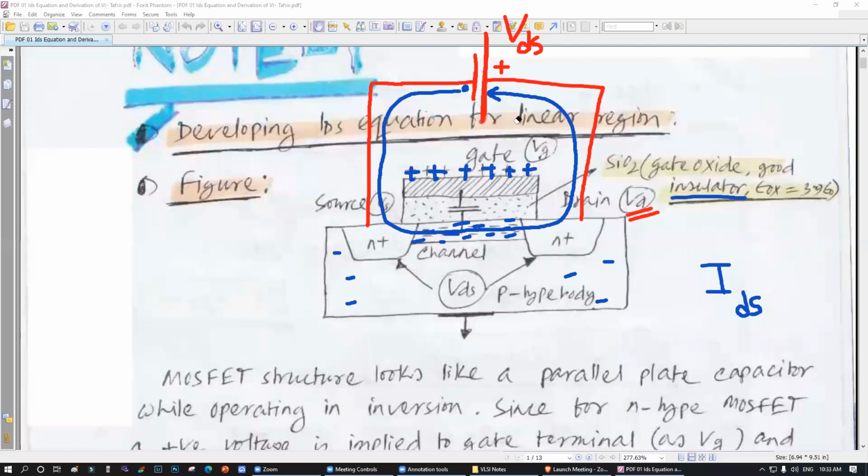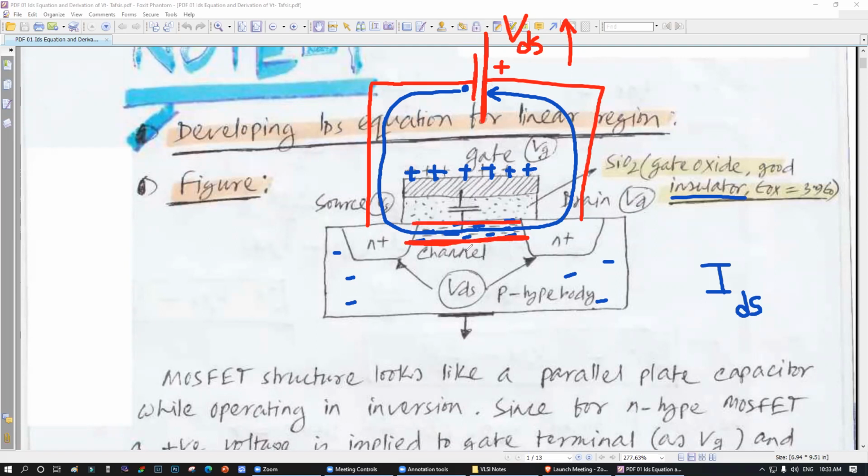If you increase the voltage, the current will increase. So if you increase the VDS, the current will increase, right? But remember, there is a limit. Why? Because this is a bridge. There is a limit of how many cars can go.